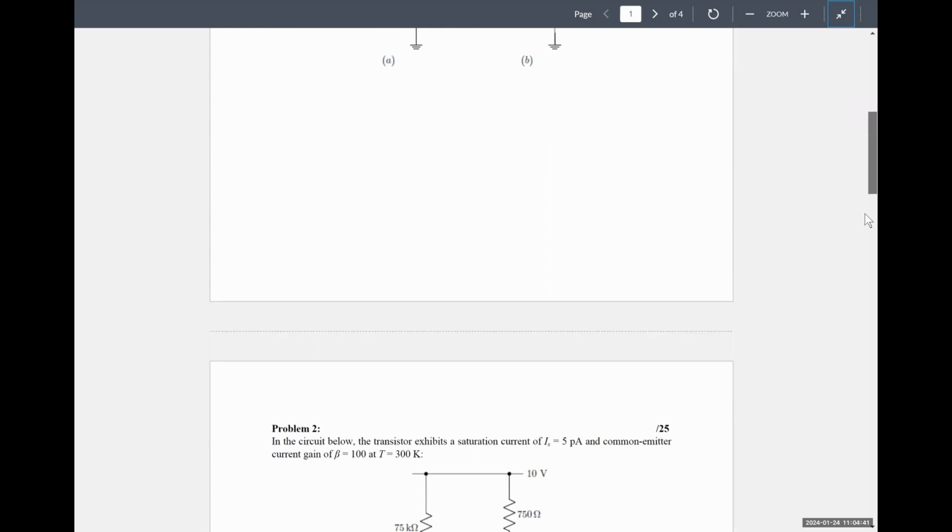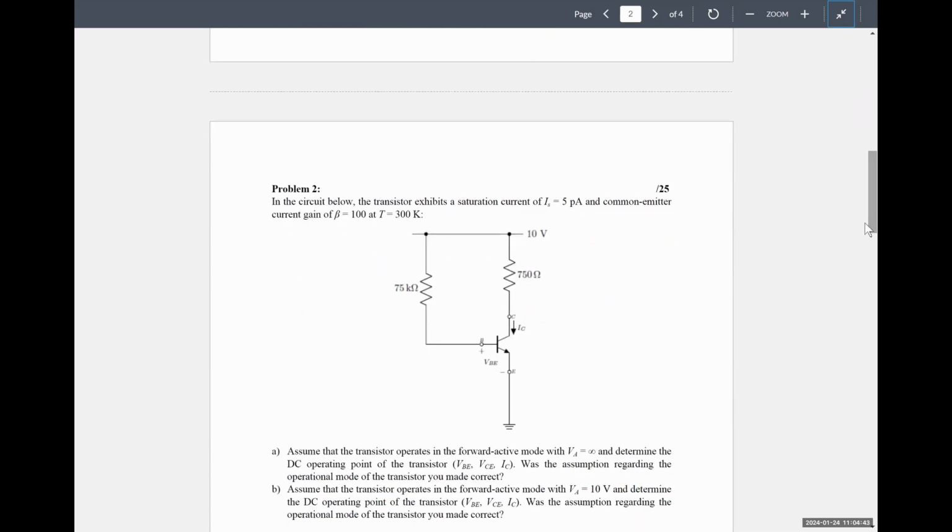Then problem 2 is, I think I called this simple biasing, NPN BJT, where you're asked to determine the DC operating point of the transistor with the early effect neglected, and then in part B with the early effect included. Calculate all that kind of good stuff.